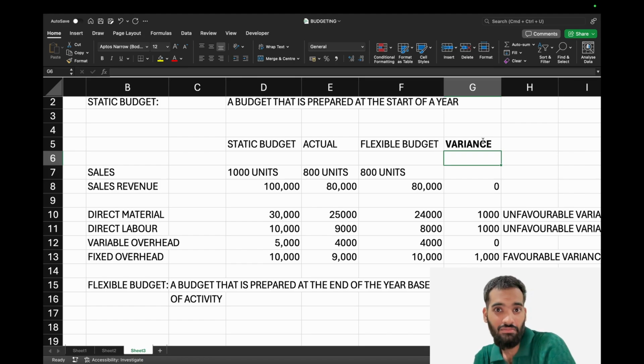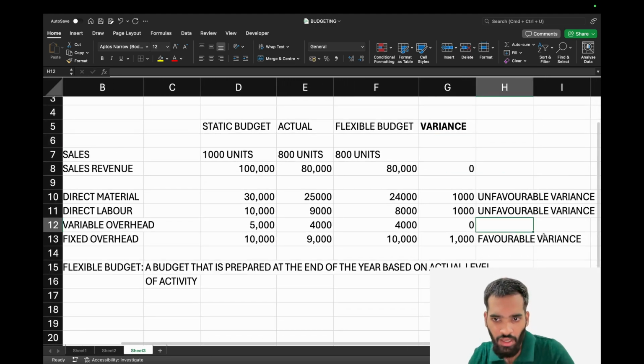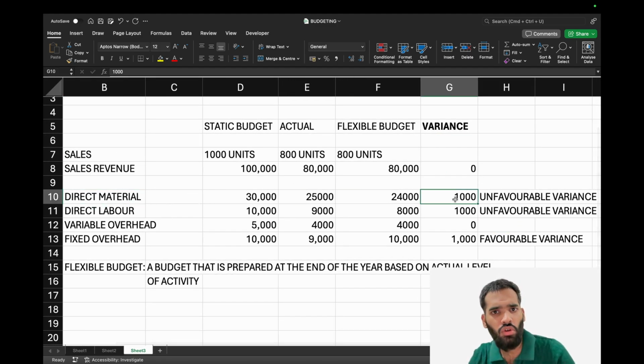It's not correct. So in real life, we never compare actual with the static. We compare actual data with the flexible budget. Even in your exams, you'll be supposed to compare actual data with the flexible budget and find the variances.